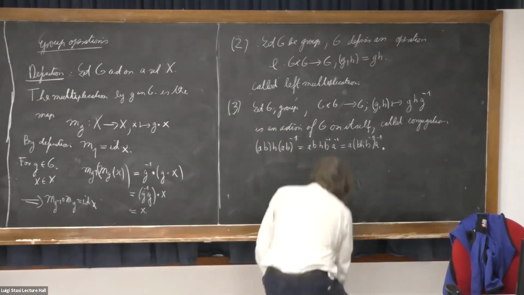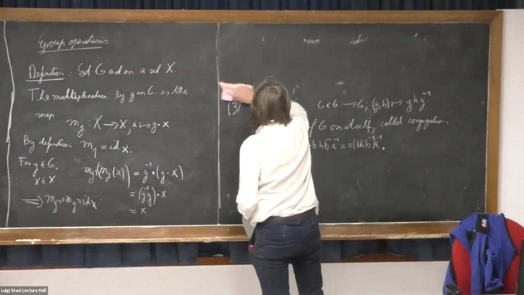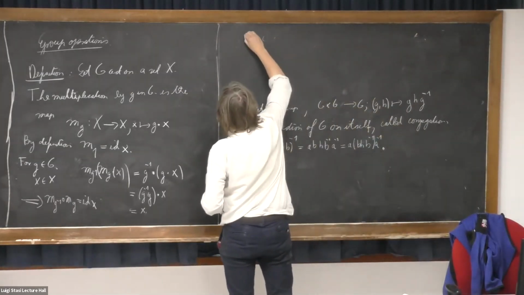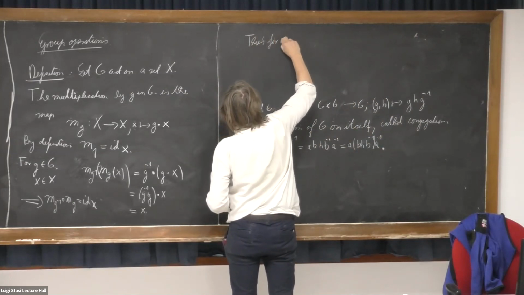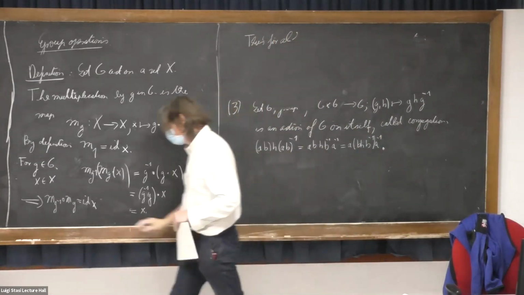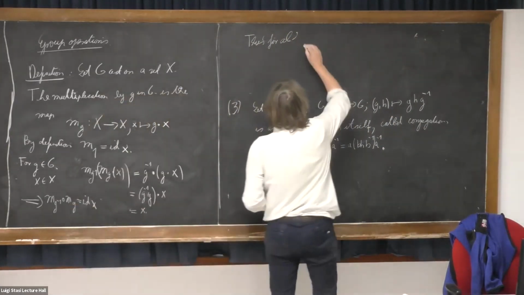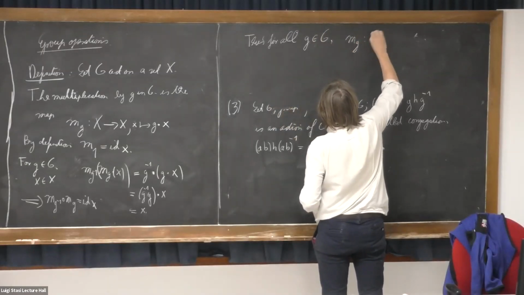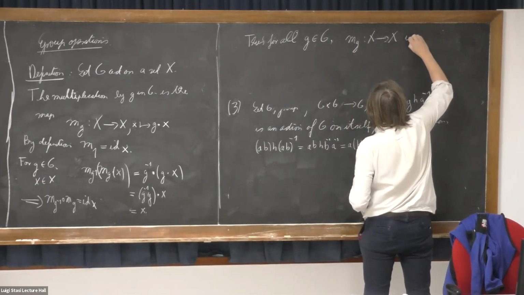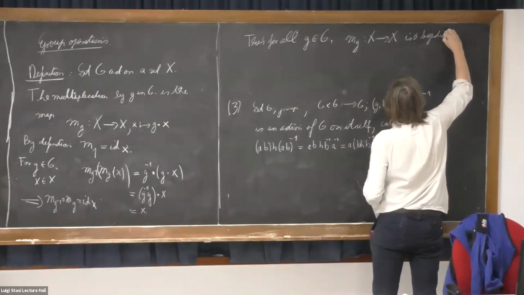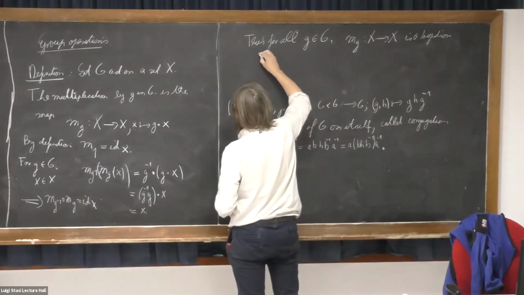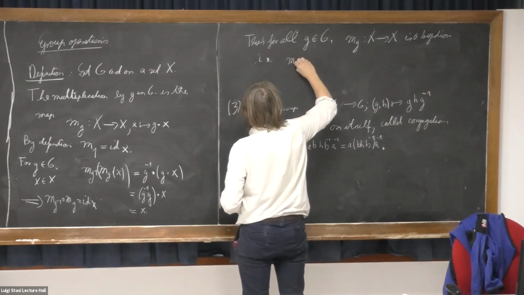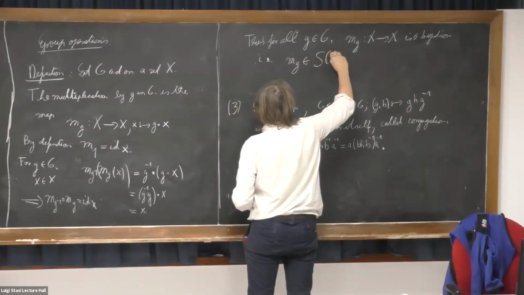And so we see that for all g in G, the map m_g from X to X is a bijection. Or in other words, m_g is an element in the symmetric group on X.